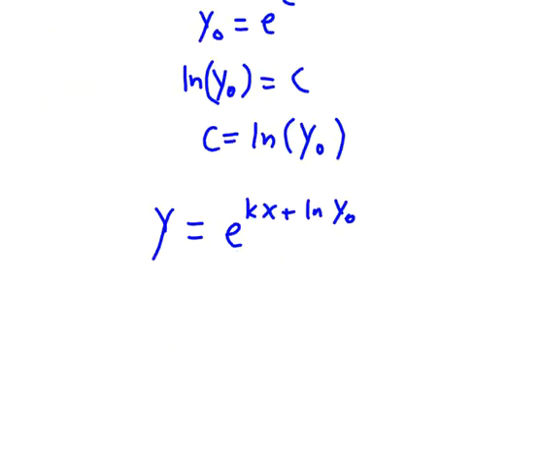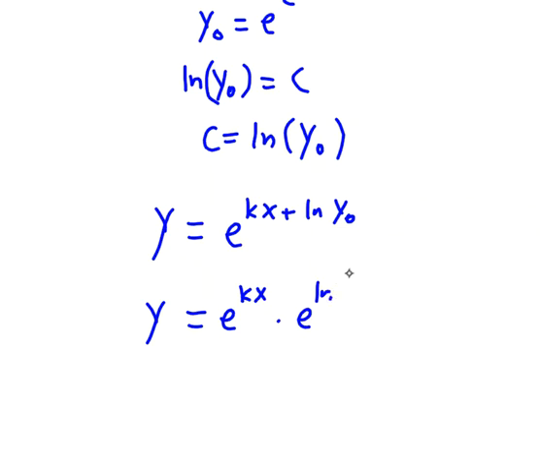That doesn't look that friendly right now, and definitely doesn't look familiar at all. But I'm going to use some rules of exponents, and I'm going to do them kind of backwards. Remember when we would multiply and we add the exponents? Well, since these two pieces are being added, I can rewrite it as multiplying two separate things.